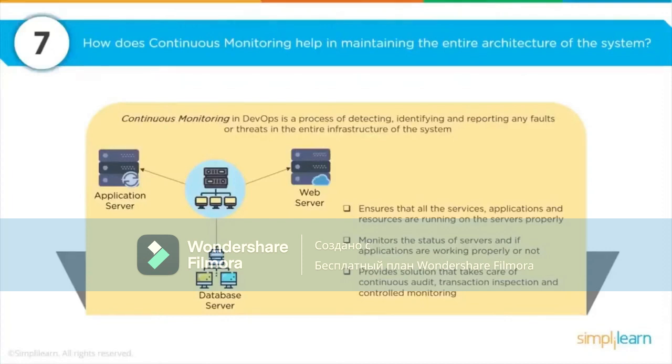The other three areas that you want to be able to highlight are the ability to ensure that the right software and the right services are running on the right resources.